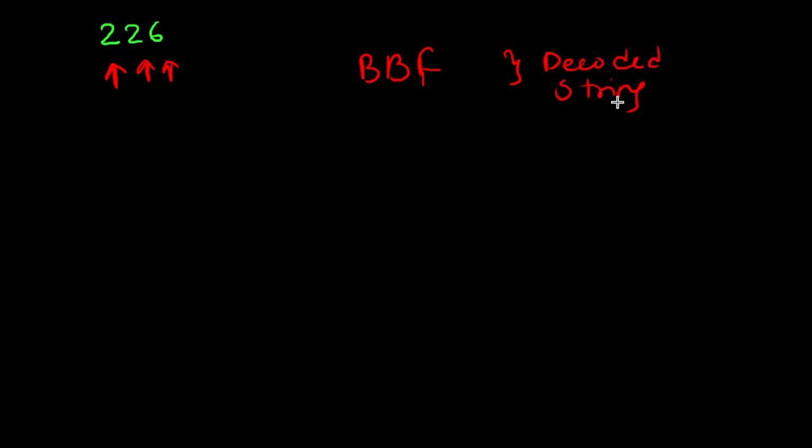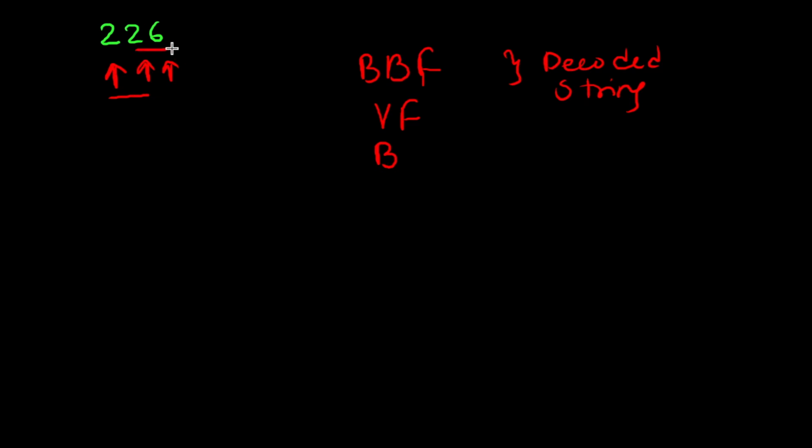There could also be another way possible. For example, instead of considering 2, we could consider 22. So 22 corresponds to the alphabet V, and then 6 is F, so V, F. This is also possible. Then there is one more way. First, let's say we only consider the integer 2 that corresponds to B, right?